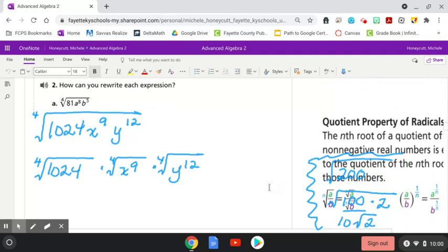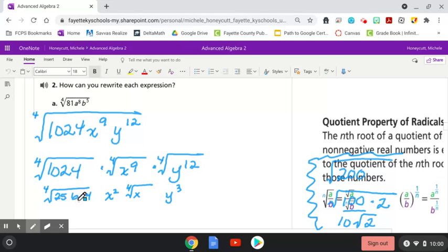So then I can write this as the fourth root of 256 times 4. Then I can divide 9 by 4 is 2, so x squared with a remainder of 1, so times the fourth root of x. And then 12 divided by 4 is 3, so y cubed.